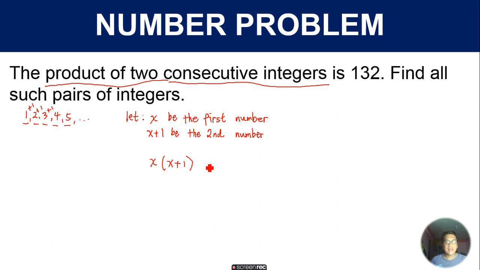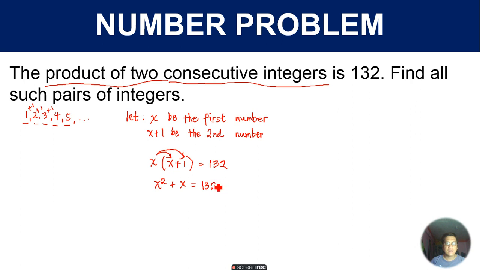Again, the product of these two consecutive integers is equal to 132. We already have the equation here. So, what are we going to do next? We just multiply. x times x here will become x squared. x times 1 will become x, then equals 132.